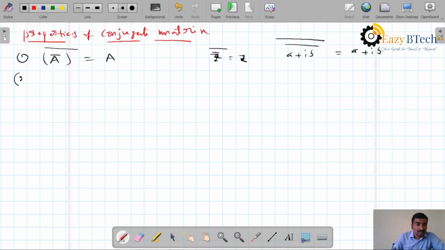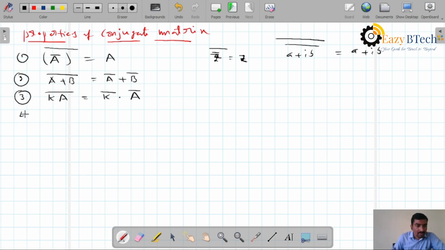Come to the second property: (A plus B) whole bar equals A bar plus B bar. Third property: (kA) whole bar equals k bar into A bar.